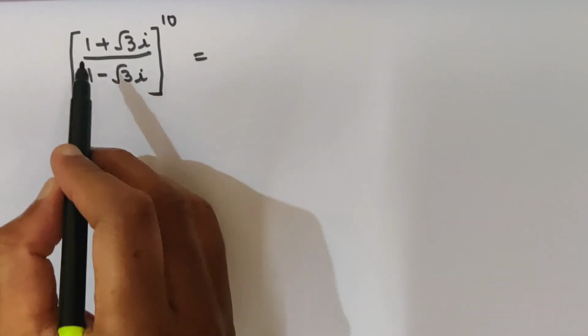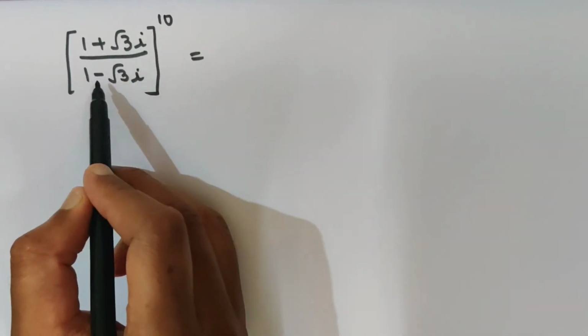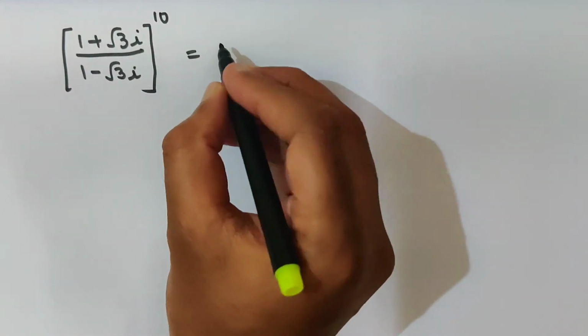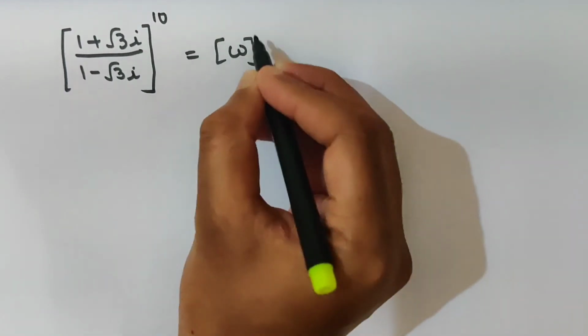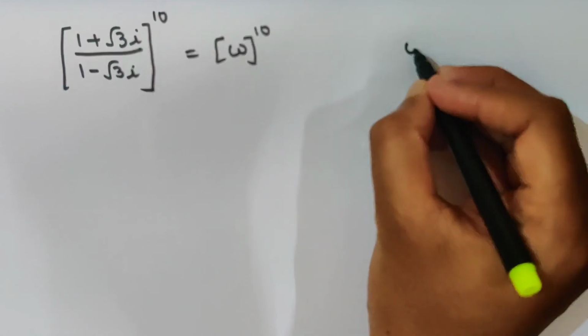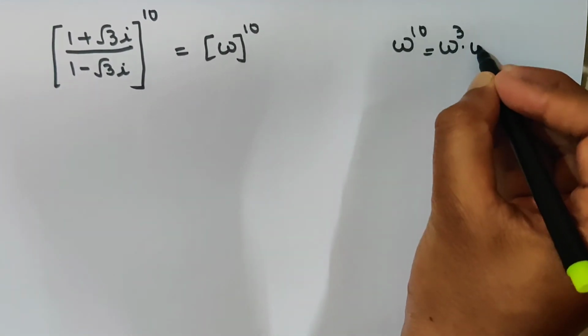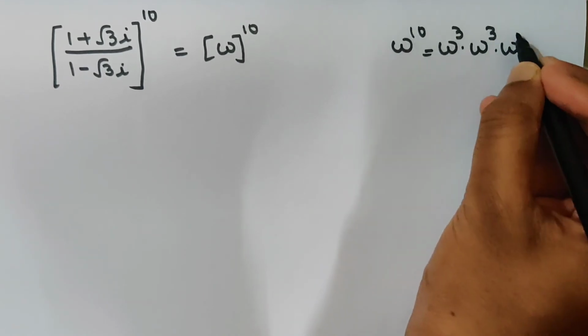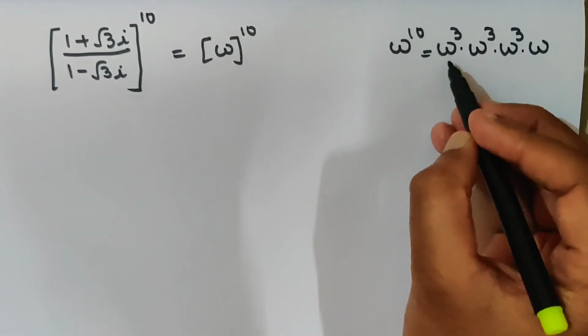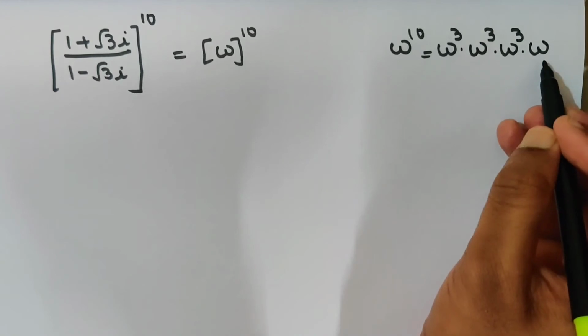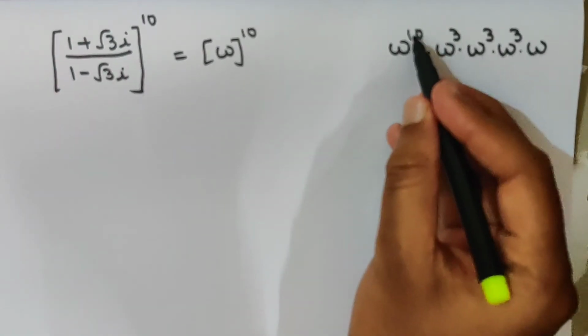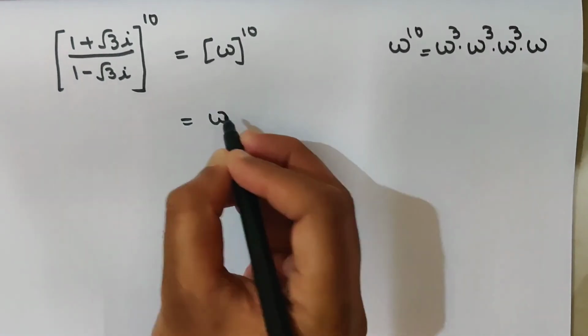Now omega, the whole power 10. Omega power 10 can be written as omega cube into omega cube into omega cube into omega. The value of omega cube is 1, which gives omega. The value of omega power 10 is omega.